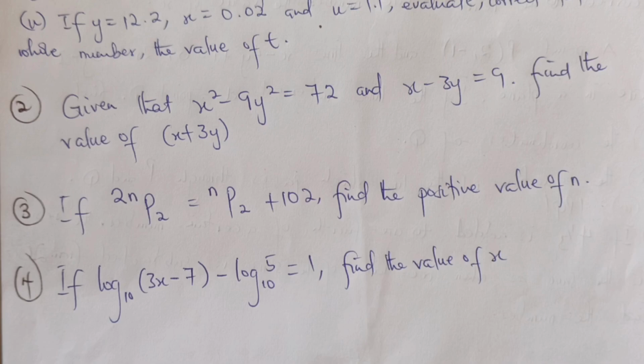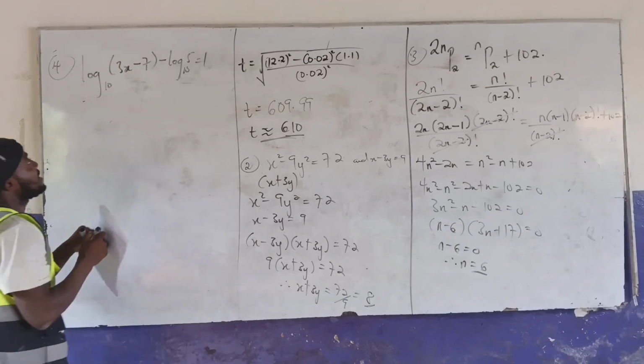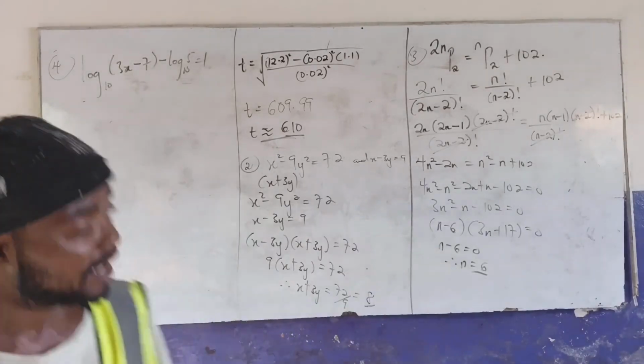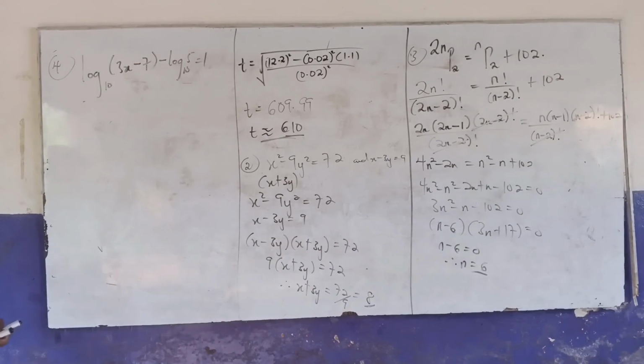Quickly looking at the last question, question 4. From the screens, the last question reads: log of 3x minus 7 base 10 minus log 5 base 10 is equal to 1.